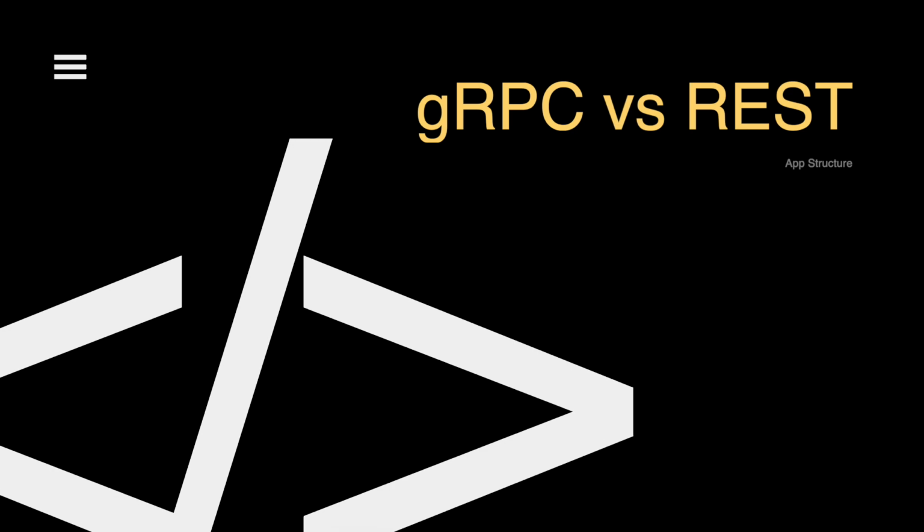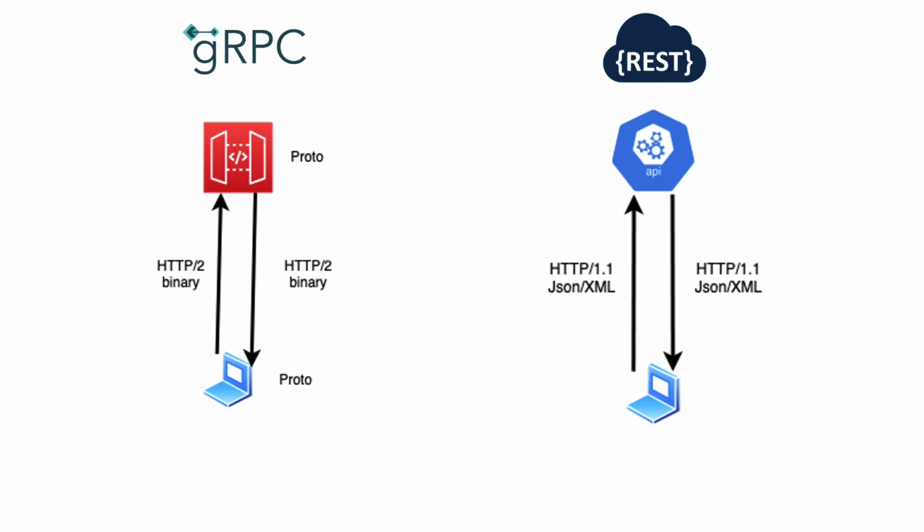So let's take a look at the structure and the difference between gRPC and REST. As we can see from these two diagrams, in order for gRPC to communicate, both sides need to have proto files, and these proto files define all of the applications, methods and models that need to be sent. All of the communication between the client and the service has to happen over HTTP/2, which is binary based, using protobuf.